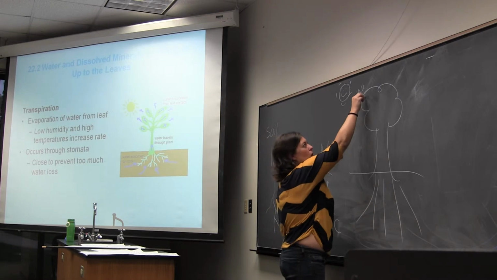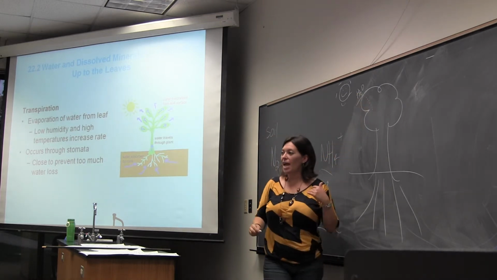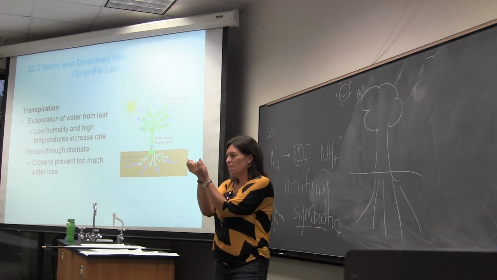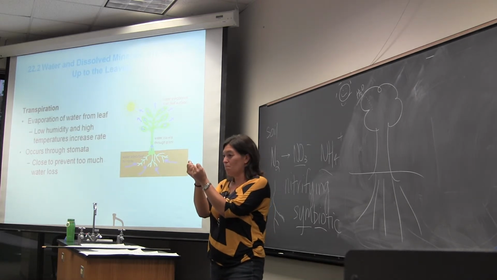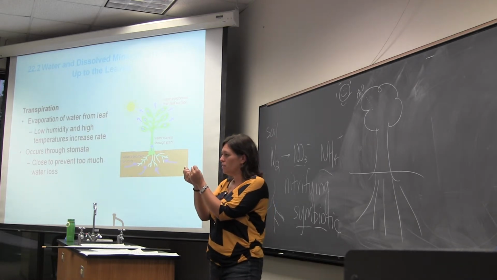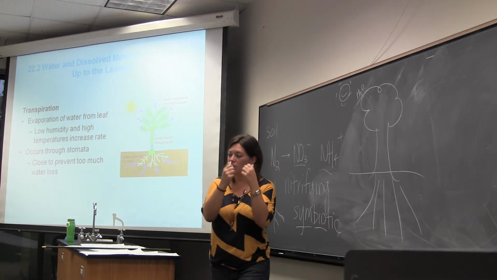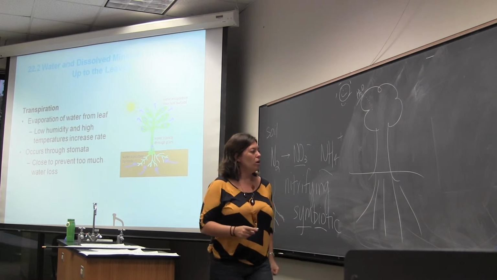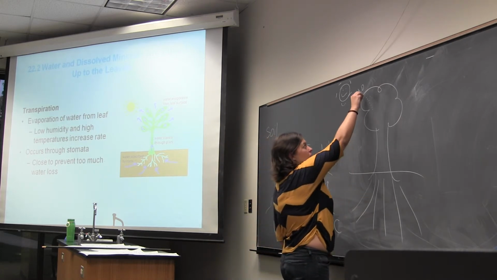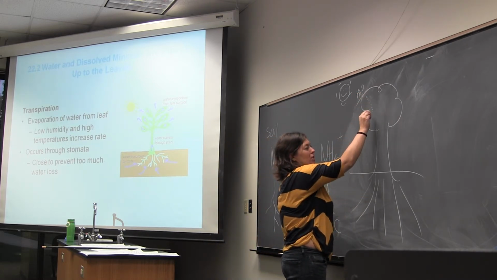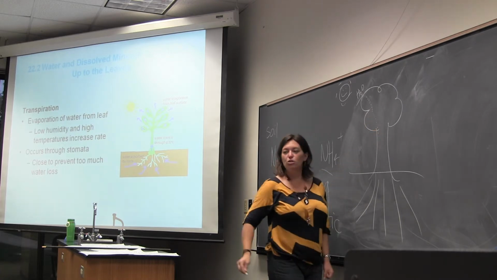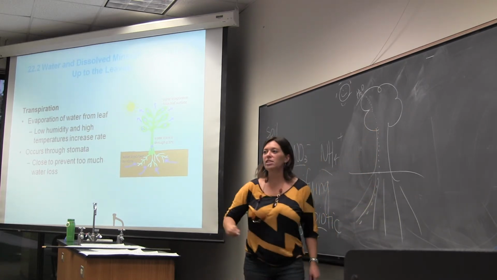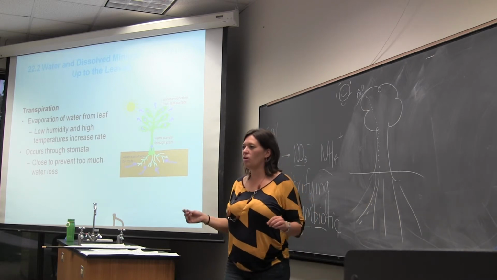But all of these water molecules, remember we talked about adhesion and cohesion? Cohesion is the ability of water molecules to bind to other water molecules. And then adhesion is the ability of water molecules to bind to something else other than water. Well, we have these water molecules at the top, but due to cohesion, every single water molecule is connected to one another.